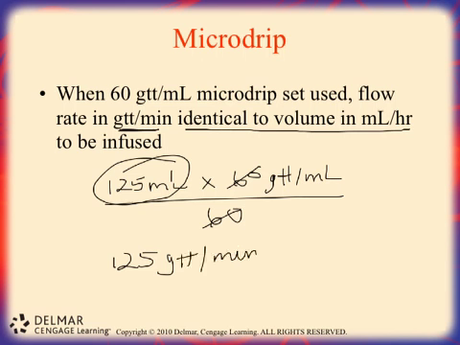So when you're using a micro drop set, it will always end up being the same number as your milliliters per hour, what that volume is. It's always going to be identical to that because these two cancel each other out.